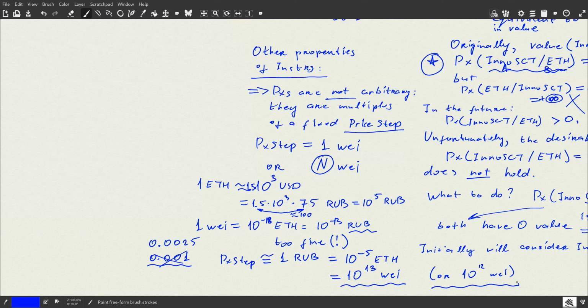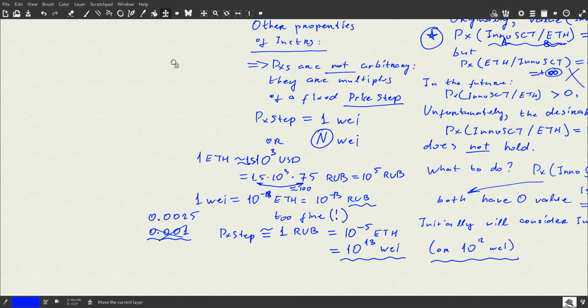So you can express this price step either as a fraction of Ethereum, or you can express it in wei. It is just an implementation convention because after all Ethereum amounts are represented as integral units of wei, then probably it is a good idea to have the price step expressed in wei as well.